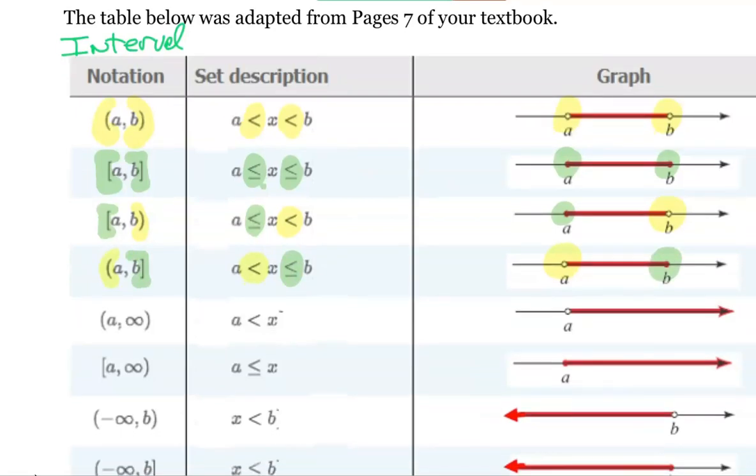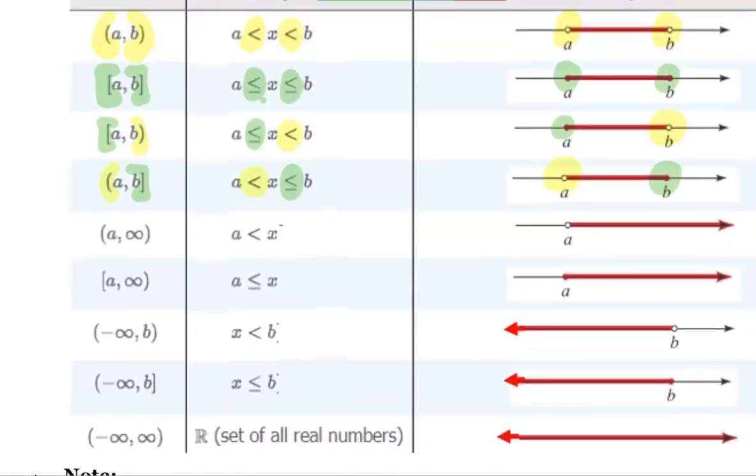Okay, now the next two I'm going to change because I don't like when you have x on the right side. So I'm going to read this backwards. This is x is greater than a, and this is x is greater than or equal to a. See if you can always have your variable on the left side. It'll help you be more consistent.